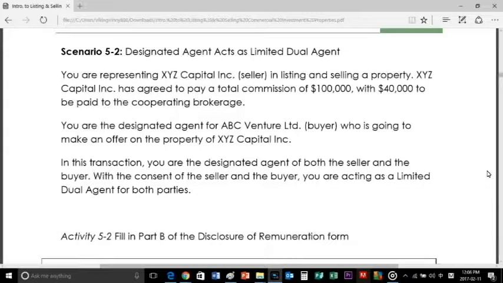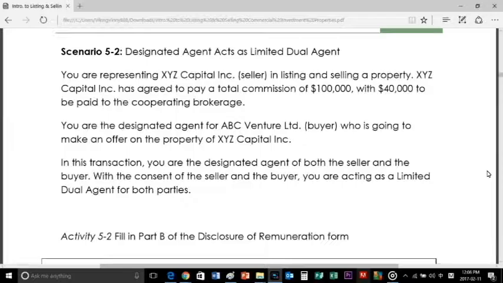Scenario 5-2. Designated agent acts as limited dual agent. You are representing XYZ Capital Inc., seller, in listing and selling a property. XYZ Capital Inc. has agreed to pay a total commission of $100,000 with $40,000 to be paid to the cooperating brokerage.